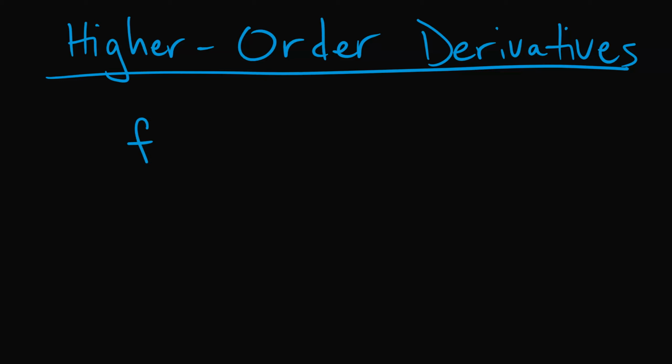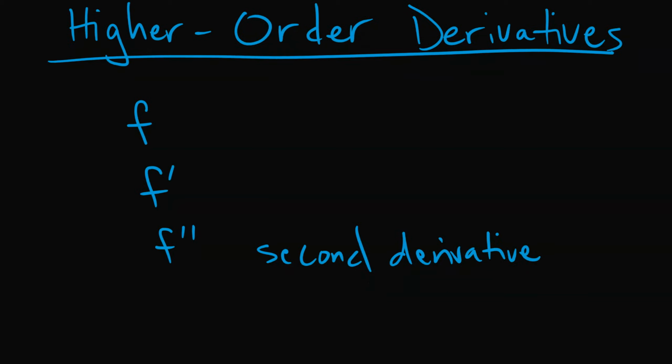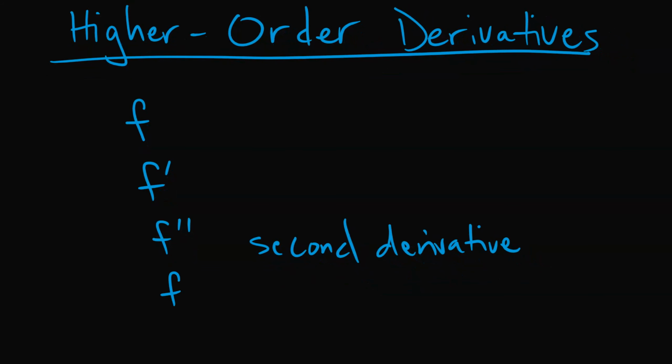So if we have our original function f, we know how to write the first derivative. There's the second derivative. So let me note this second derivative, and we'll do Leibniz notation in a second. The third derivative is 3 hash marks, and then we stop with the hash marks, because nobody wants to be counting too many hash marks.